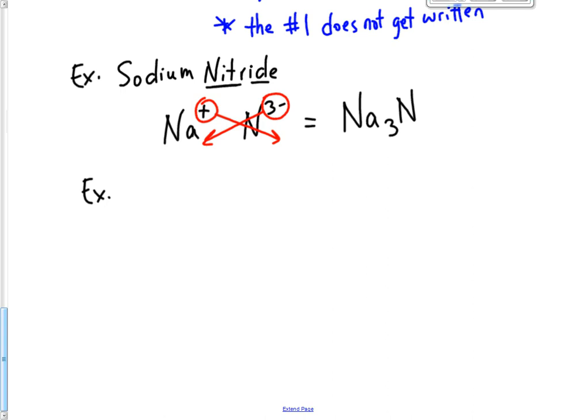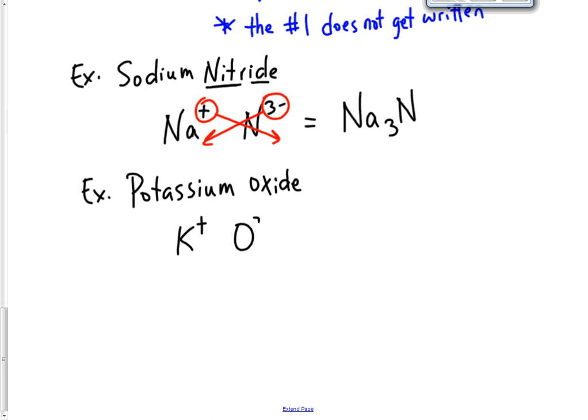Another example. Potassium oxide. Potassium is a K. Oxide is oxygen, so that's an O. So you have K and an O. You're going to see that potassium is in the first group, so it gets a plus.